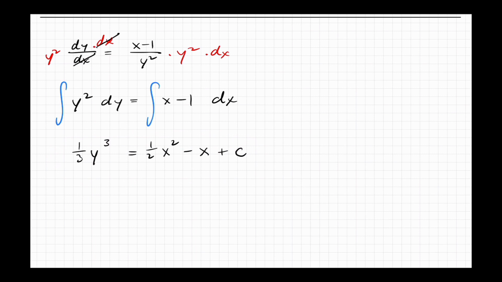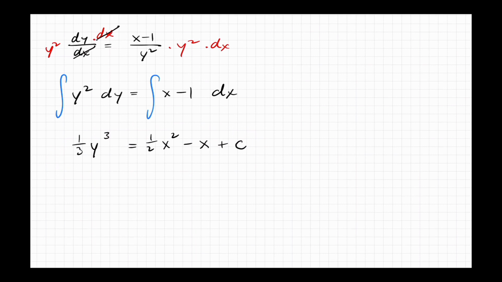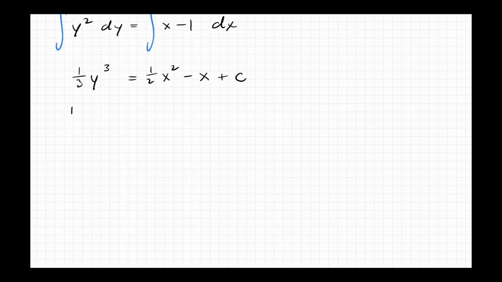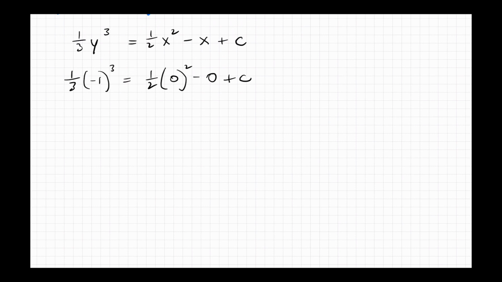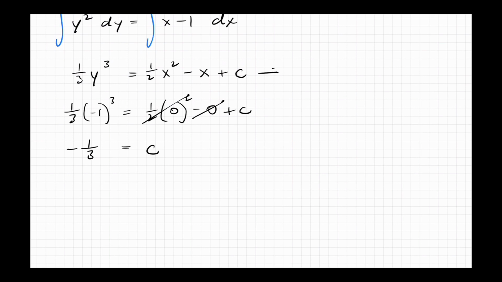Plug in your point, 0, -1. So I'm going to plug in 0 for x, -1 for y. So over here I get -1/3 equals 0 minus 0 plus c.